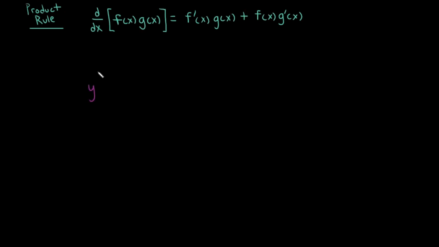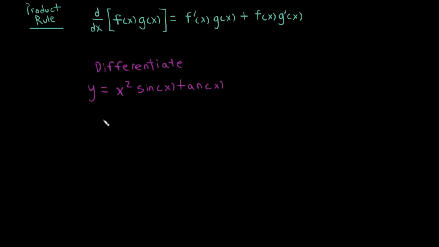So it asks us to find the derivative of y equals x squared times sine of x times tan of x. So instead of having two functions here, like in the formula, we have three, but we can still apply the product rule to this.